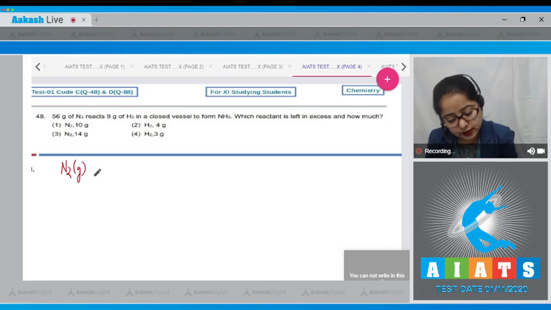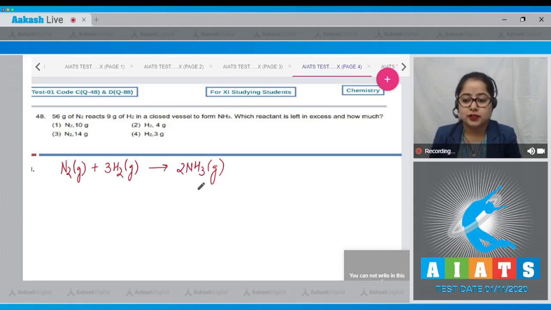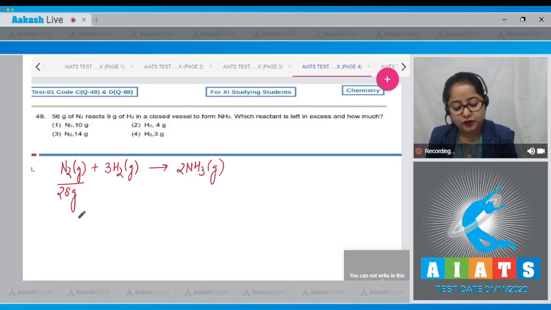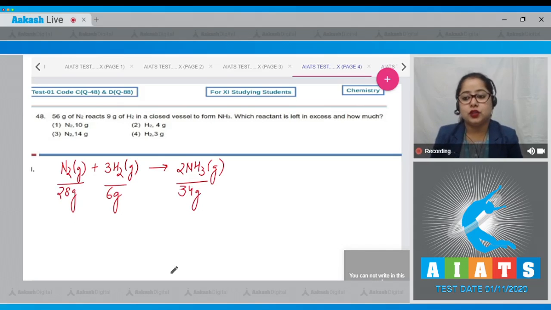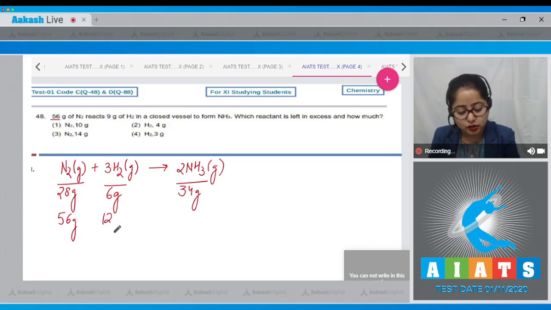N2 gaseous reacts with 3 moles of H2 gaseous to give 2 moles of NH3 gaseous. Here it is clear that 28 gram of N2 reacts with 6 gram of H2 to give 34 gram of NH3. So if N2 is 56 gram, the amount of H2 required is 12 gram.